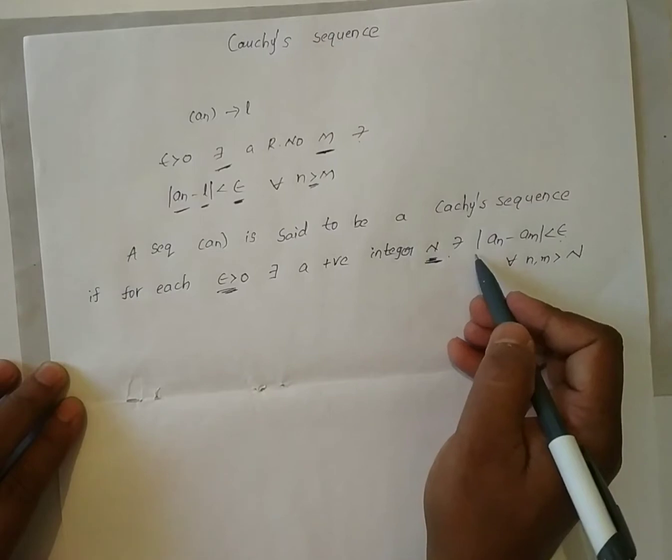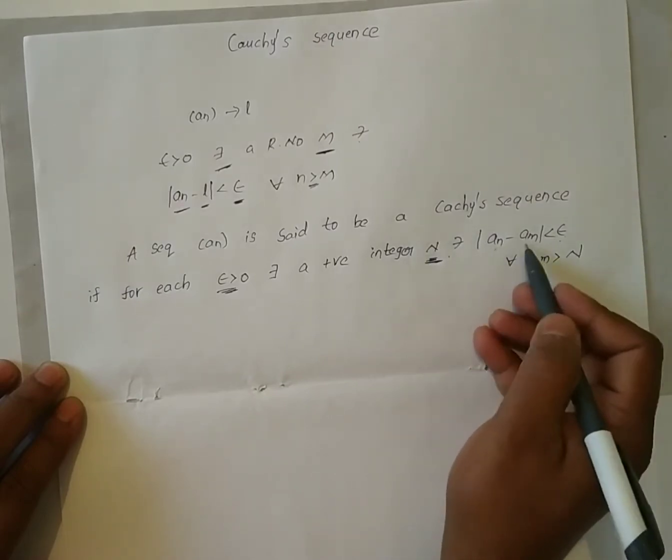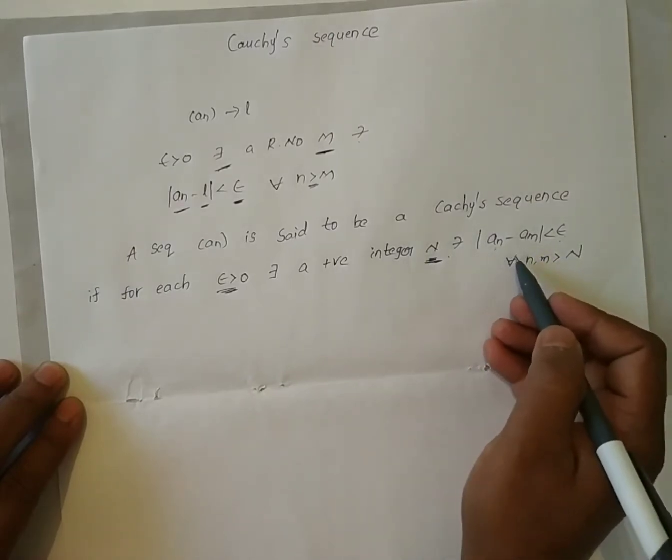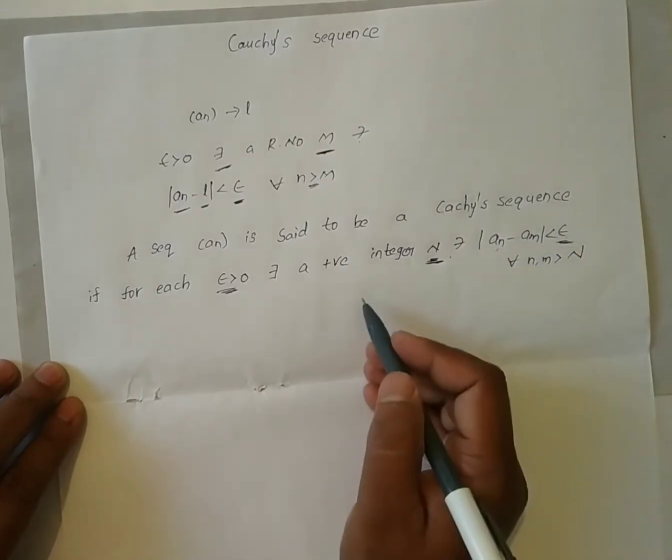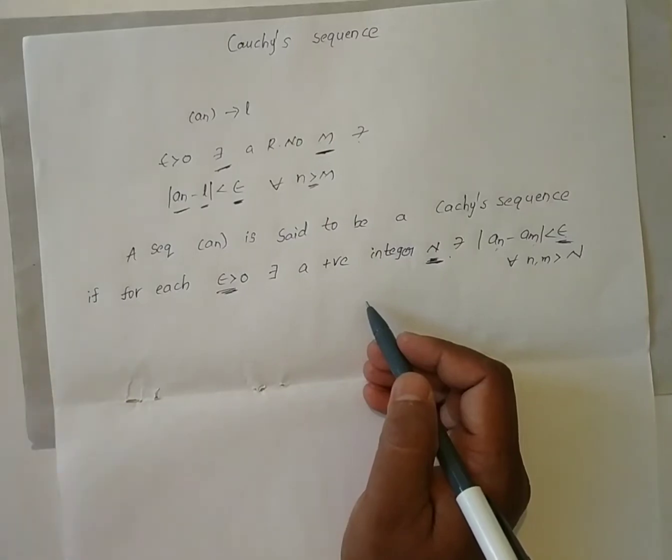It means the distance between a_n and a_m remains small, the distance between two terms of the sequence. So this is called Cauchy sequence.